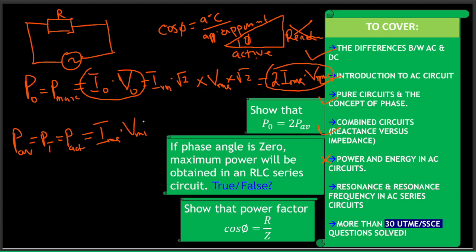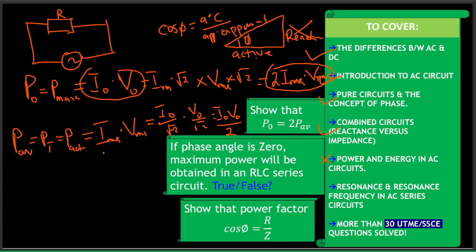So like this, remember you can as well write it in terms of the peak value. So if I know that RMS value of the current is the same thing as peak over root 2, times this one, peak over root 2, then that means we'll have peak current times peak voltage divided by 2. I hope that is clear.